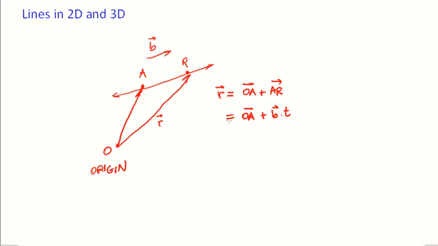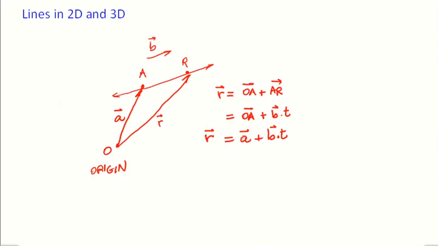Vector OA I can just write as vector A. So I would have this equation here, and this is called the vector equation of the line.